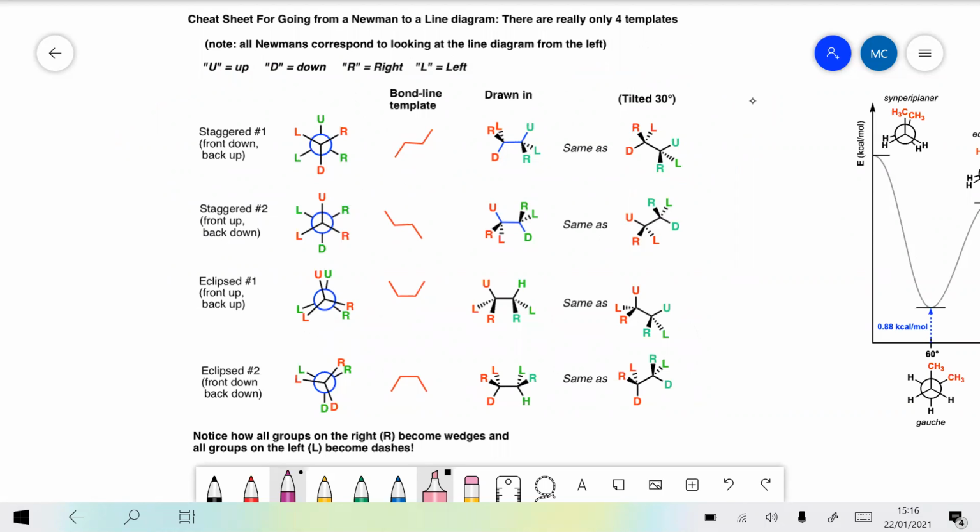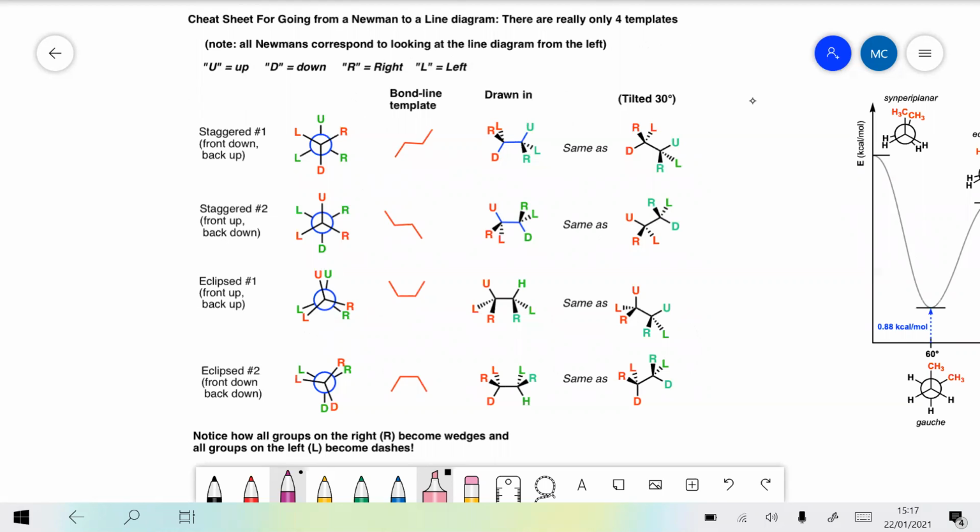It does not matter whether you first draw the Newman projection, the bond line template, or the normal molecular formula, or else you draw the sawhorse projections. I would normally recommend starting with the sawhorse projections. Okay? I think it's easier. But every student is different, so find the method that works best for you.